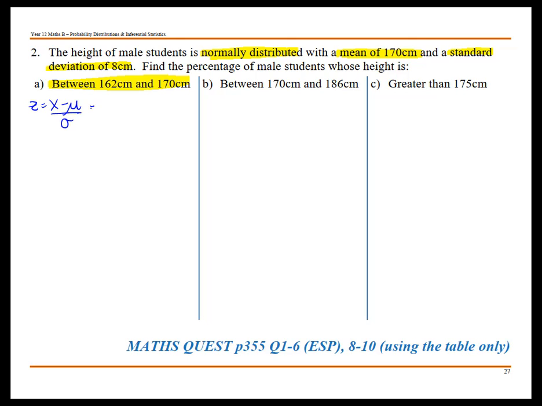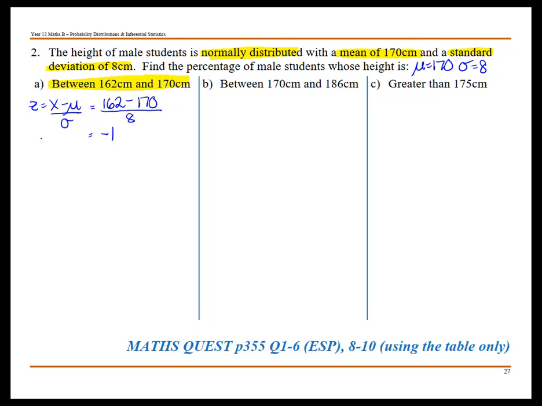So that's going to be my 162 minus the mean, which was 170. So mean was 170, standard deviation was 8, over my standard deviation of 8. So 162 minus 170, which would be negative 8, divided by 8, which is negative 1.